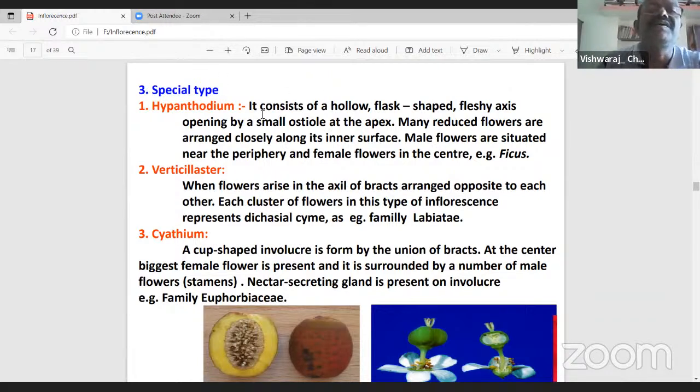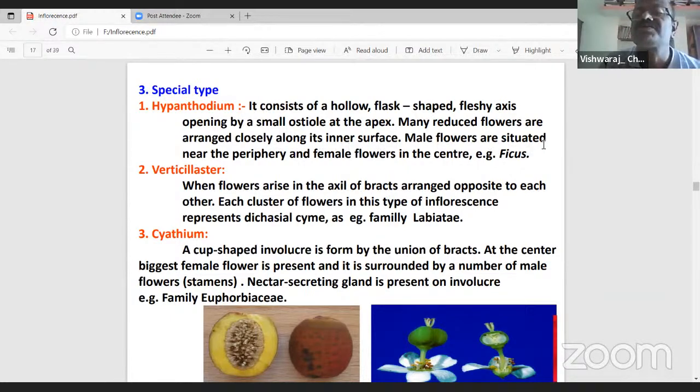Hypanthodium consists of a hollow, flask-shaped, fleshy axis opening by a small ostiole at the apex. Many reduced flowers are arranged closely along its inner surface.